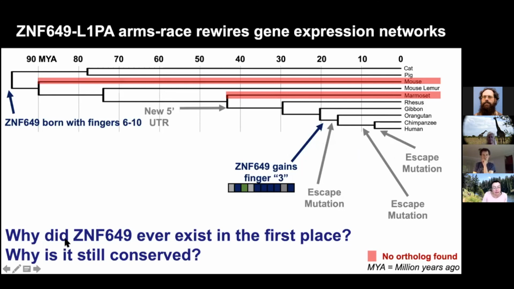And so this leads to the question of why did ZNF649 ever exist in the first place? And given that current line 1 elements actually are not repressed by 649, why is it still conserved?